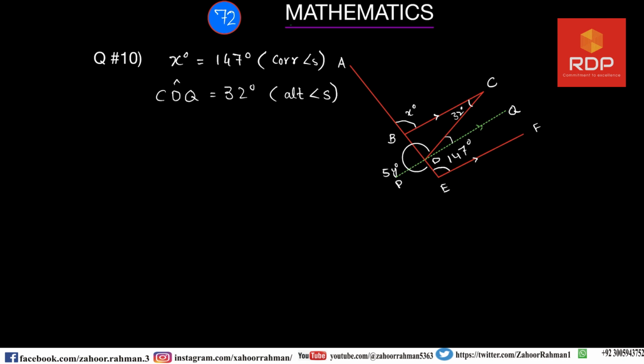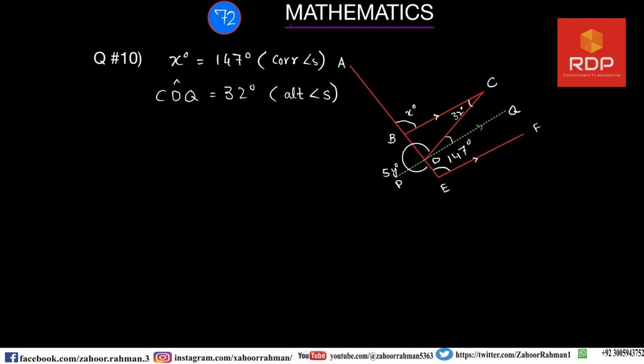So now we are finding this part, and you can see, because this line is parallel to this line, we can use the interior angle theorem to find the value of DQE.